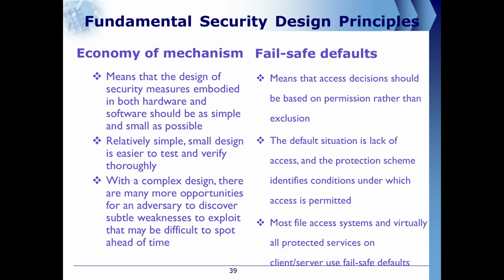Fail-safe defaults means that access decisions should be based on permission rather than exclusion. The default situation is lack of access, and the protection scheme identifies conditions under which access is permitted. Most file access systems and virtually all protected services on client/server use fail-safe defaults.